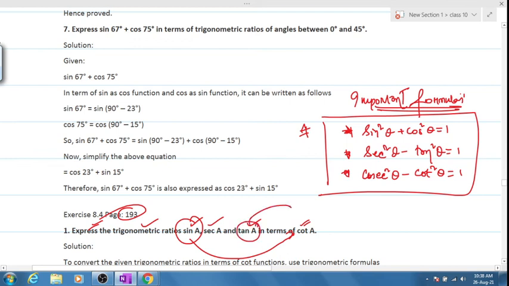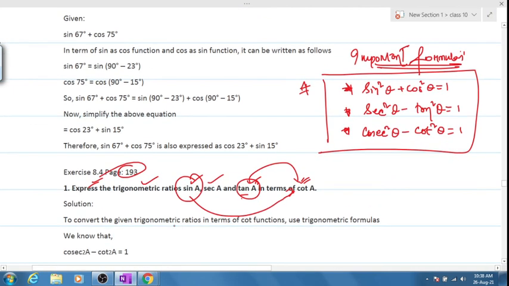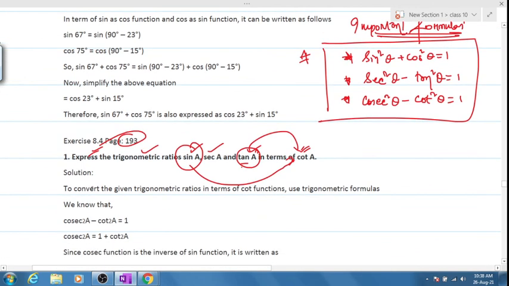Tan can be easily written in the form of cot. How? Can anybody tell me how tan can be easily written in the form of cot? 1 by cot. And for sine, we'll have to use a bit of formulas here. See, we know this third one, yes or no? So cosec squared A is equal to 1 plus cot squared A, yes or no?